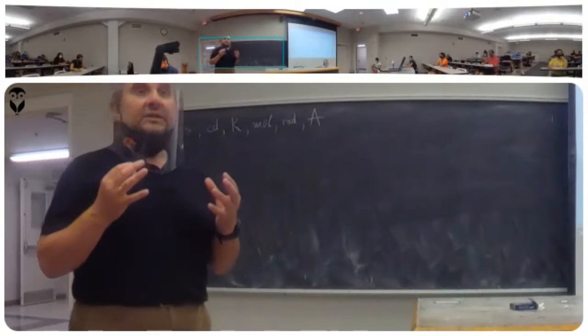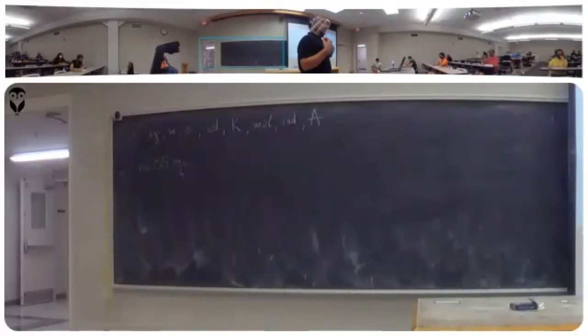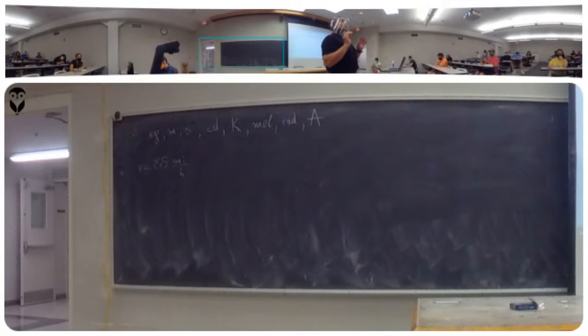To do conversions, you always need external information. You always need a conversion factor. In this case, you need two conversion factors. The conversion factors are always provided to you, or you can read them from a table or from Google or from another source.